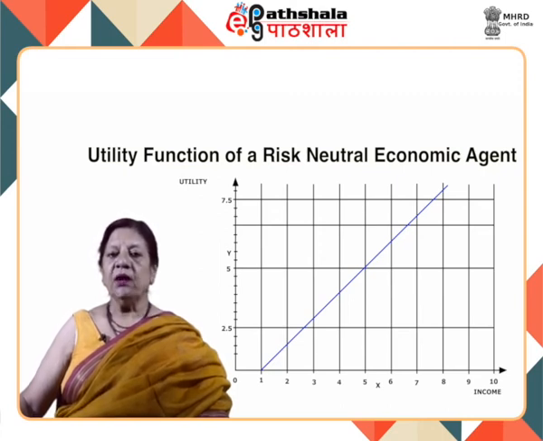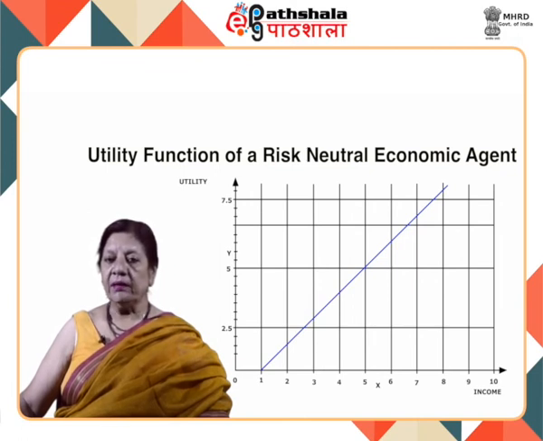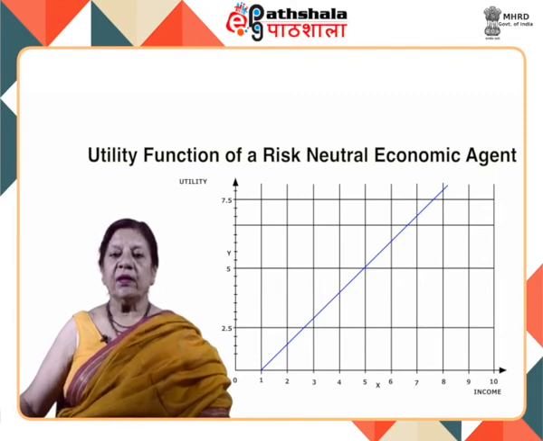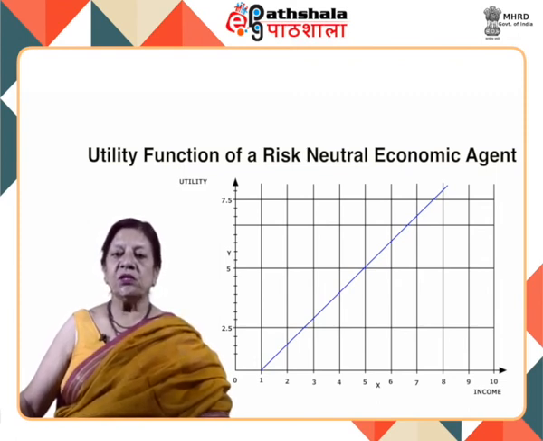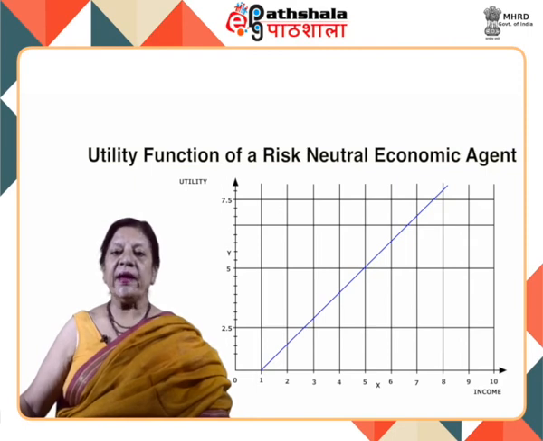The utility of the expected income, u(E[y]), is 5, and the expected value of the utility of the outcomes, E[u], is 5, with E[u] = (0.5 × 2 + 0.5 × 8) = 5.